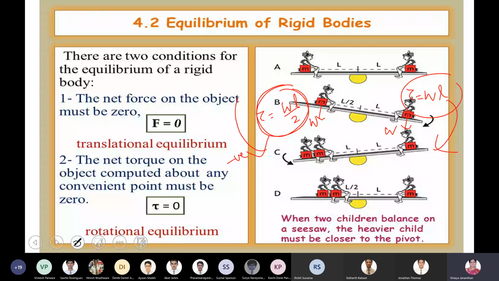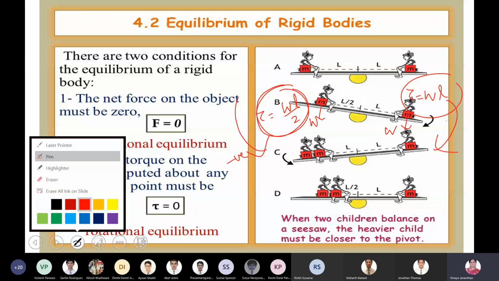So the system is not in equilibrium. That is why the system undergoes a rotation. This person will go down and the other one moves up, which means there is rotatory motion about the axis of rotation, because the anti-clockwise torque is not equal to the clockwise torque.